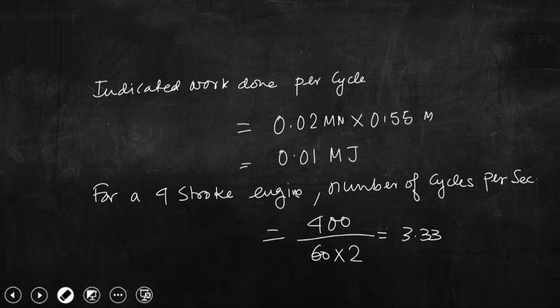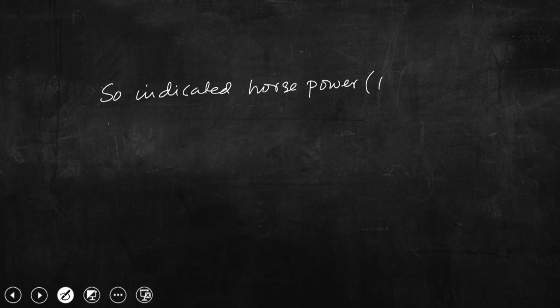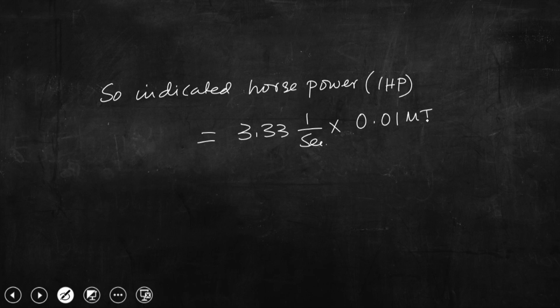So, finally, if we try to calculate the indicated horsepower, IHP, that is 3.33, unit is 1 upon second, number of cycles per second, into the indicated work done, that is 0.01 megajoule.